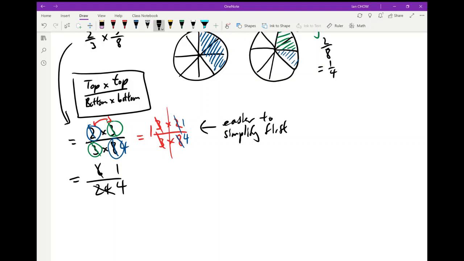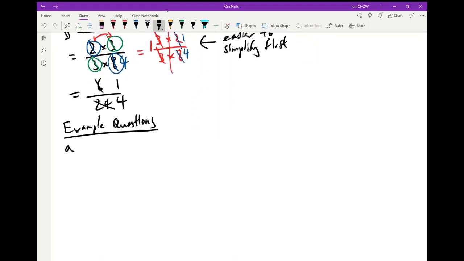So let's do some example questions of multiplying fractions. For A, let's do 2 over 5 times 10 over 12.